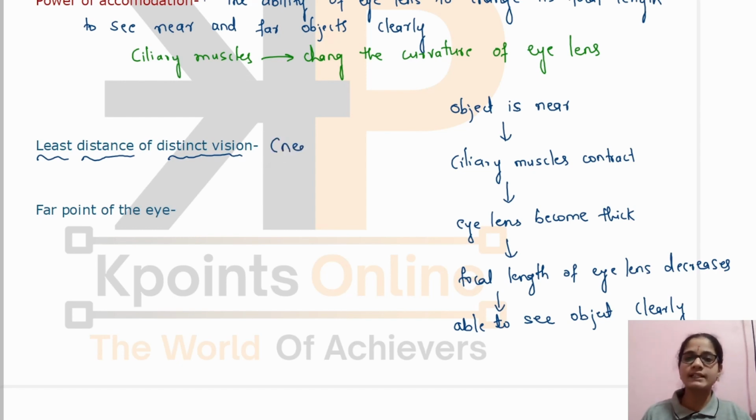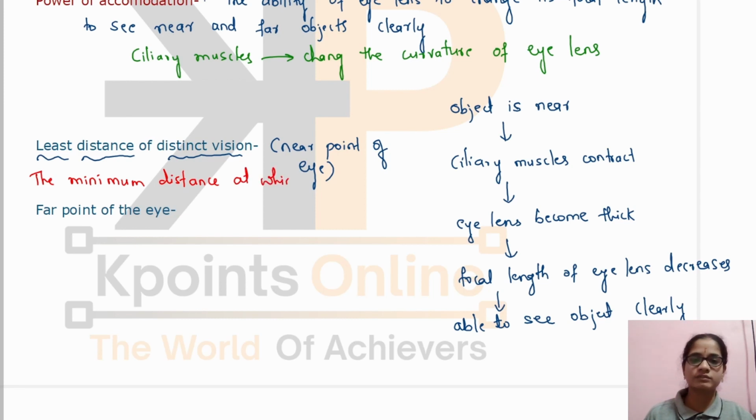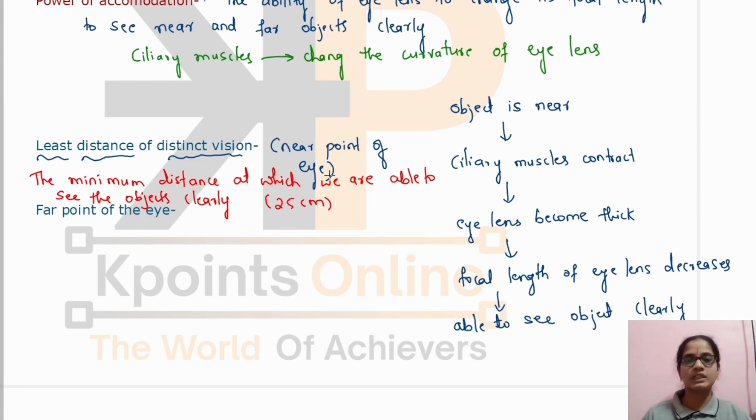It is also called the near point of the eye. How do we define it? It is the minimum distance at which we are able to see the objects clearly. And for a healthy young individual, this near point is 25 centimeter.